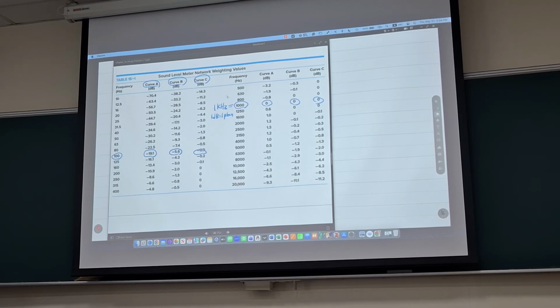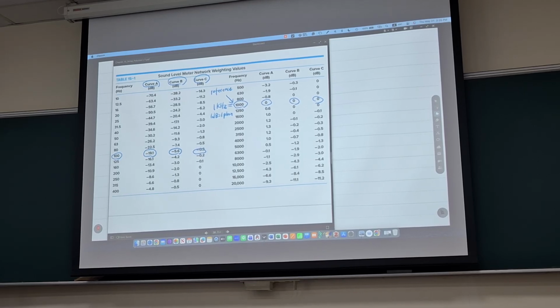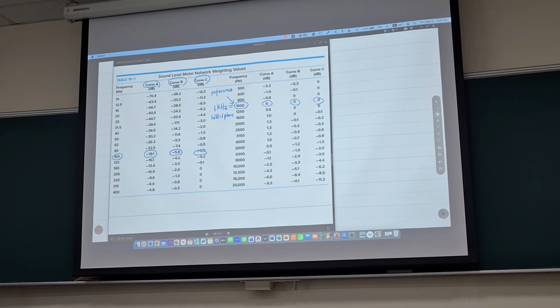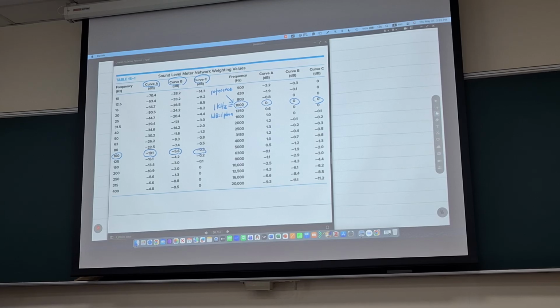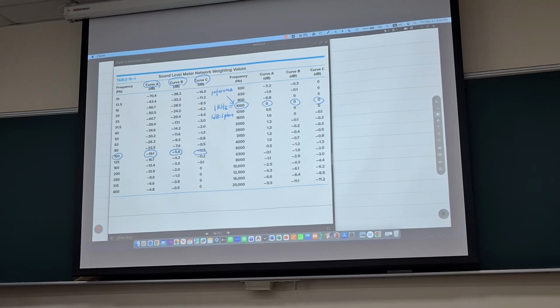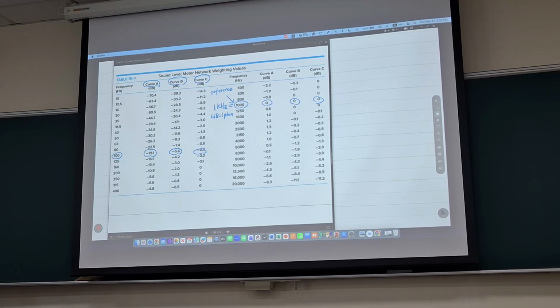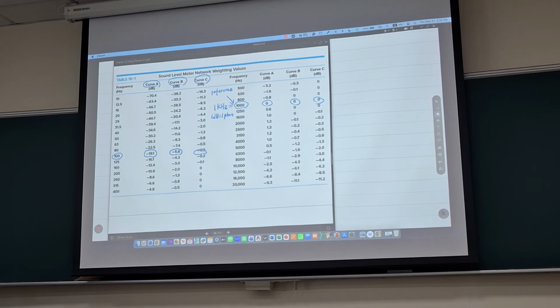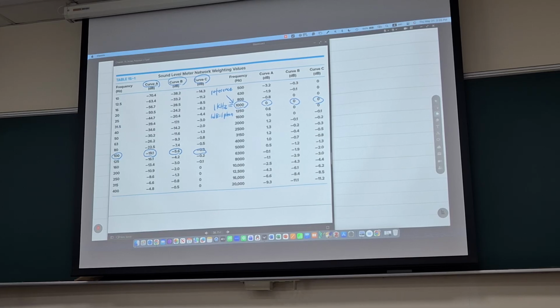Because this is the reference. The reason at 1,000 neither A, B, nor C does anything is that the sound level at 1 kilohertz is the reference. As I just told you, 1 dB equals 1 phone at 1,000.